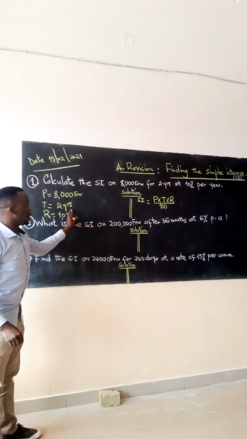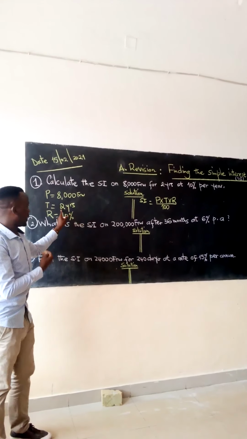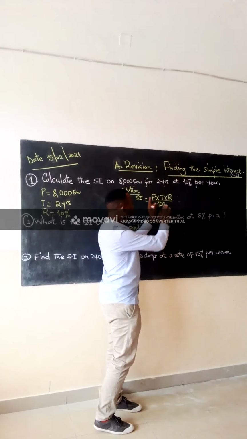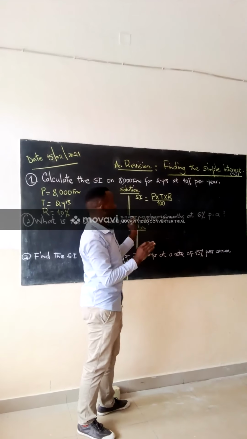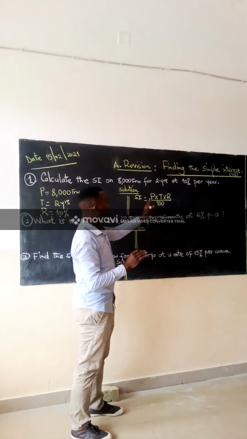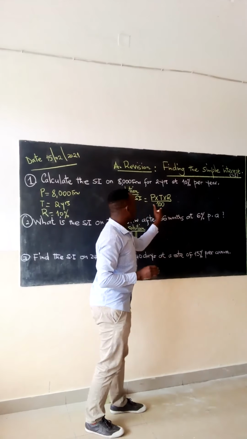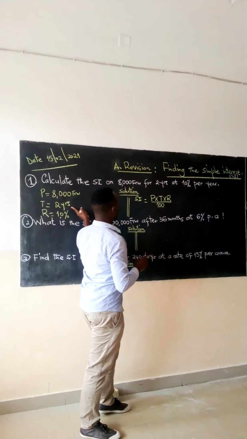When the time is in years, you remember the formula. This is the general formula to calculate the simple interest when the time is in years, because the rate is per year. We use this formula since the time is in years.